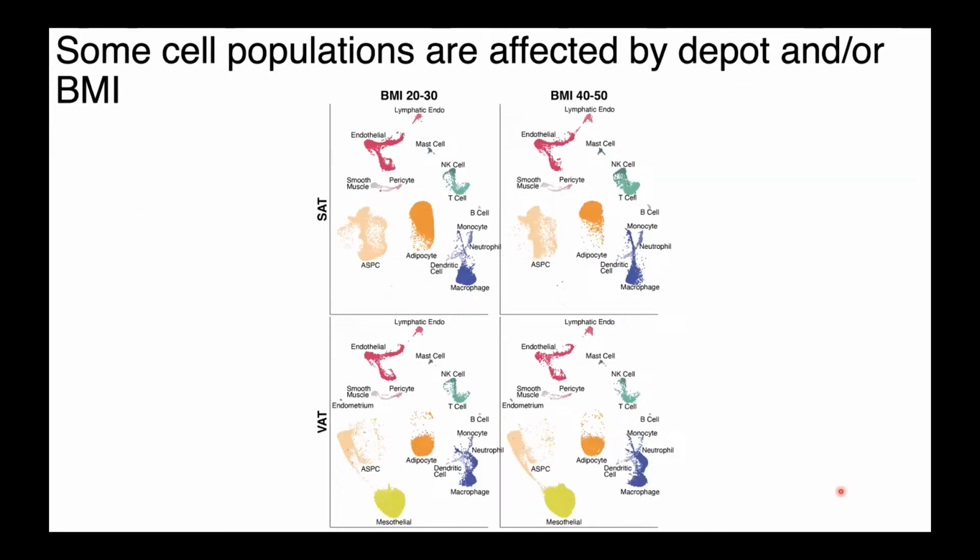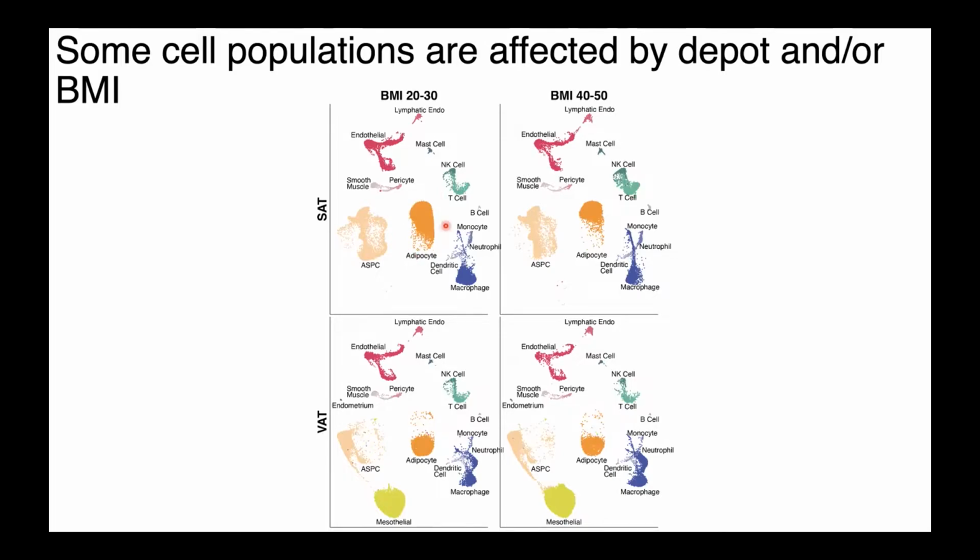So one thing that we're interested in, like I said, are the changes in cell populations as they're affected by depot and or BMI. So here I took this data and I split it both by depot as well as by BMI range. This is, I should say, only the single nuclear data to reduce bias caused by the modality. And this is also data that's been randomly subset. So each of these panels contain the same number of cells. So you can see that there are some obvious differences, especially by depot.